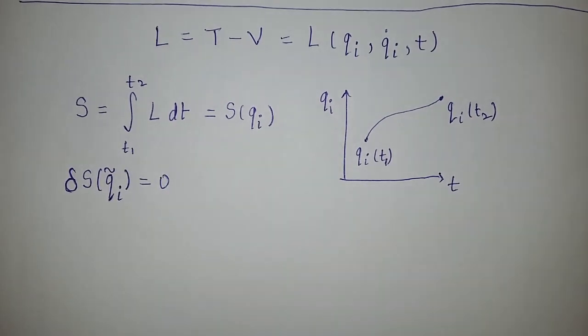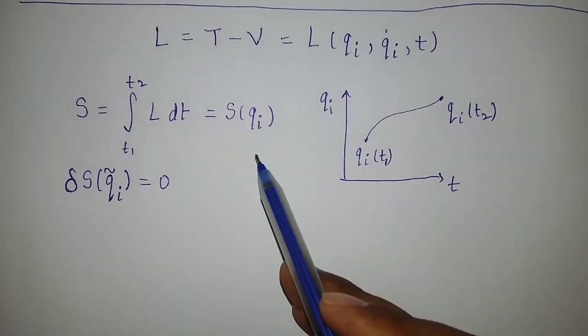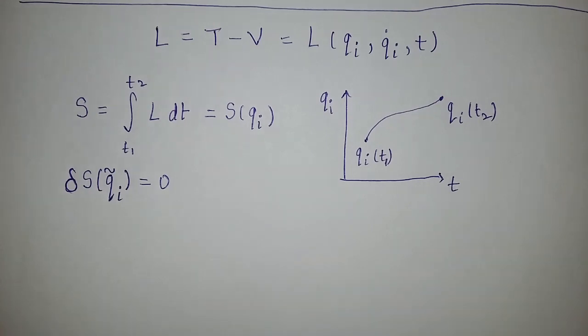S is a functional. A functional is a function of a function. So the q_i's are functions of time, and the action S is a function of the q_i's. So S is a functional.